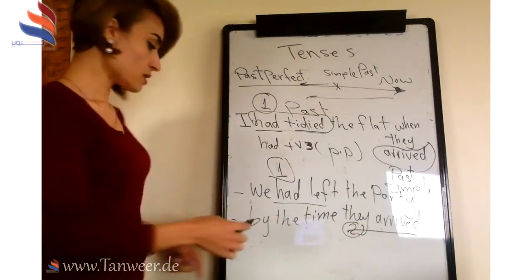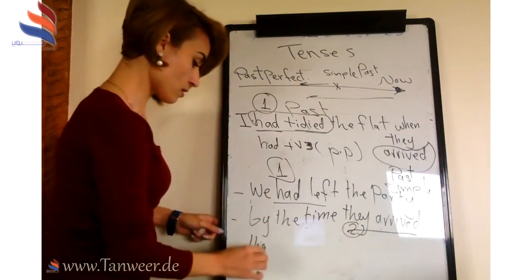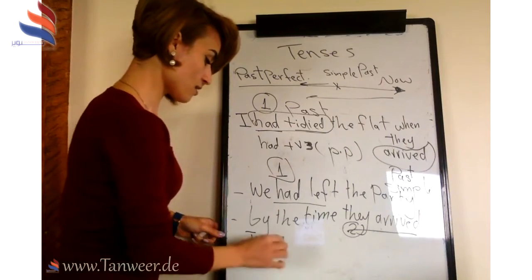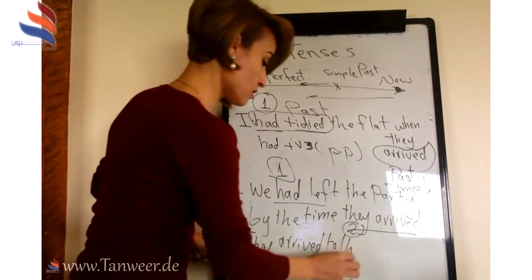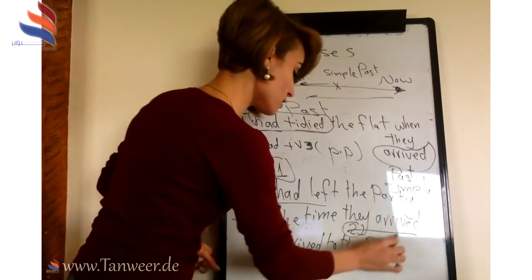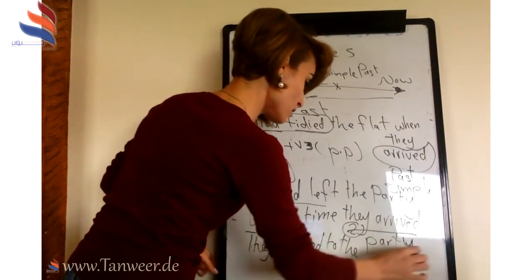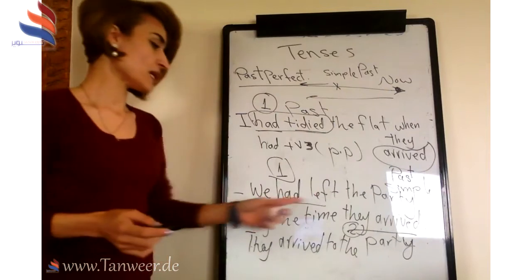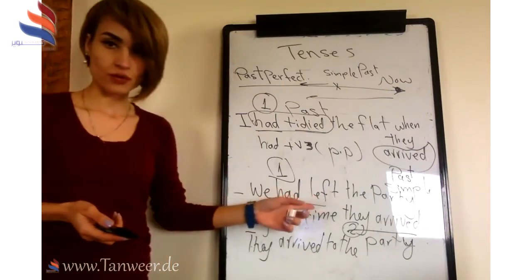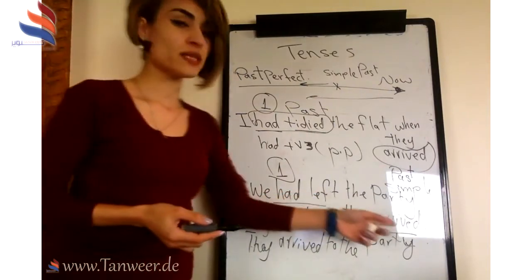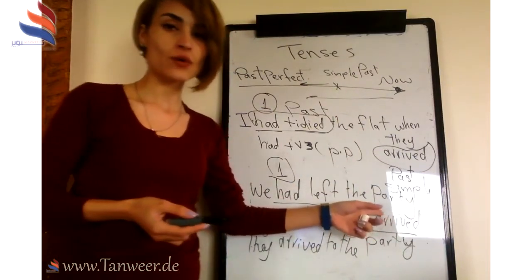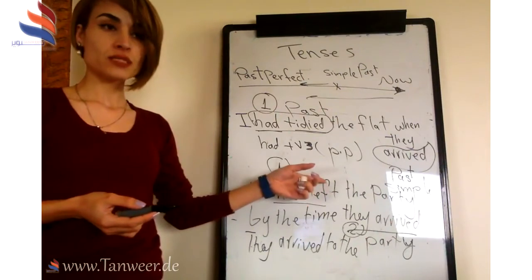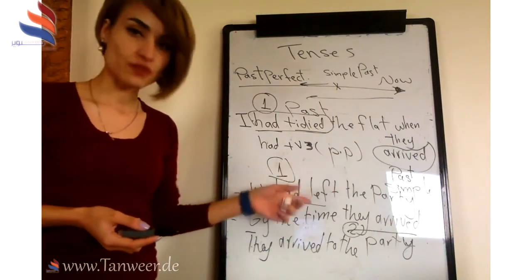By the way, I can say they arrived to the party by the time we had left. Okay? It's not where we put the verb in the sentence. No, I'm talking about which one happened first.